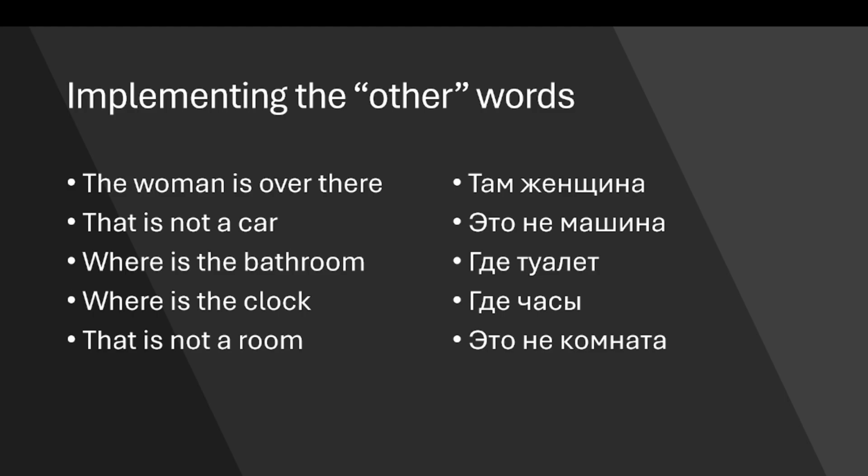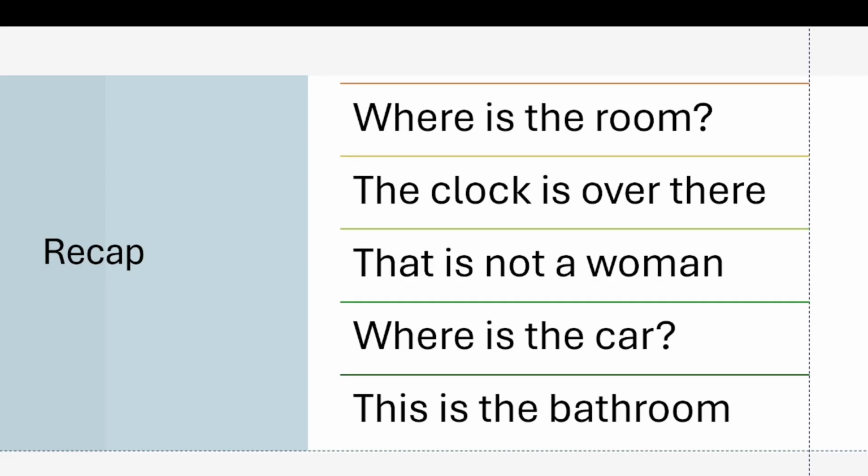So, let's get into it. Now, we'll do a quick test, and we'll say, how do you say, where is the room in Russian? Okay, so if you're struggling, follow along with me. We know how to say where, so we'll say где. All right, and if you got that part, awesome job. If you remember the word for room, комната, excellent job. "Is" and "the" don't exist.